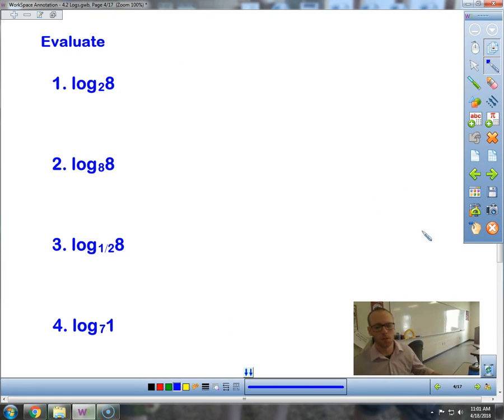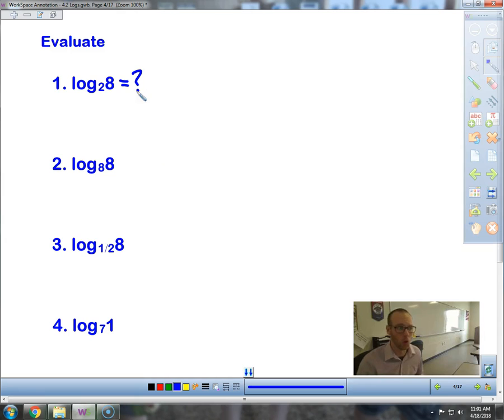All right, now let's get to evaluating them. I have the log base 2 of 8. I want to know, what does that equal? So we're looking for the exponent. What exponent are we looking for? We're wondering, 2 to the what power equals 8? Well, we should recognize that as 2 to the 3rd equals 8.